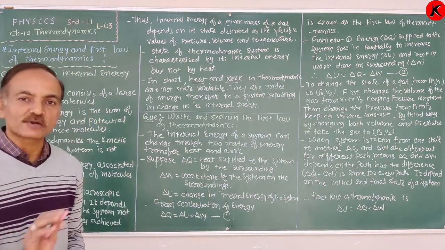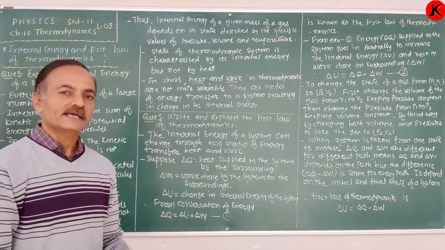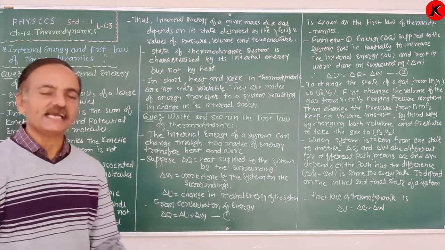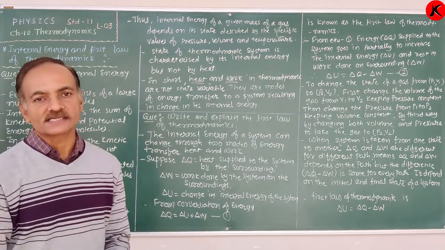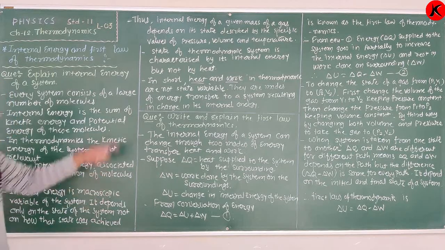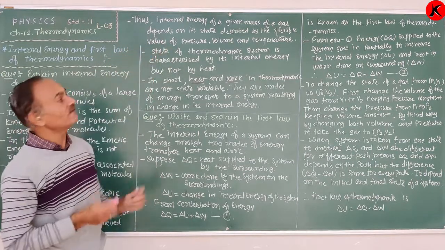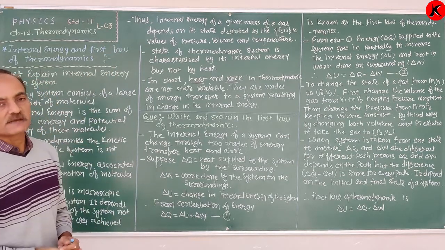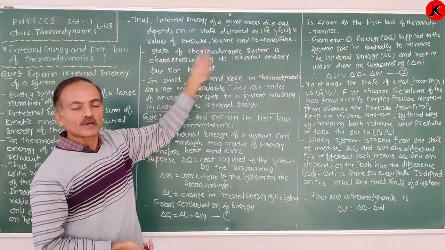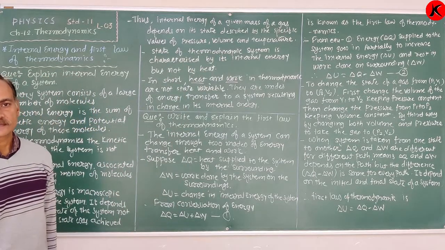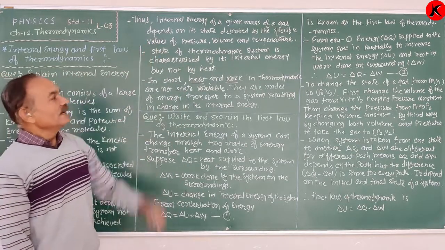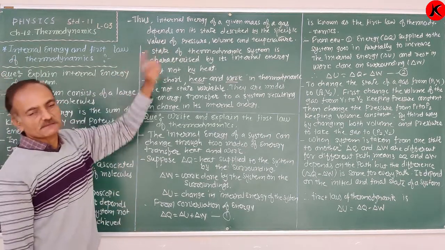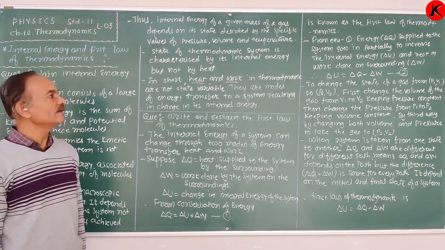The internal energy depends on the state in which the system is lying at present. Thus, the internal energy of a given gas depends on its state, described by the specific values of pressure, volume and temperature.